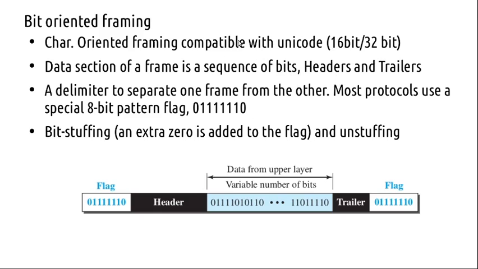Unicode encoding uses 16 bits or 32 bits rather than the 8-bit characters used in character oriented framing. These are much more compatible with the type of data we have, because character oriented framing was more suited for text based applications. Now you have text, audio, video, all those things.